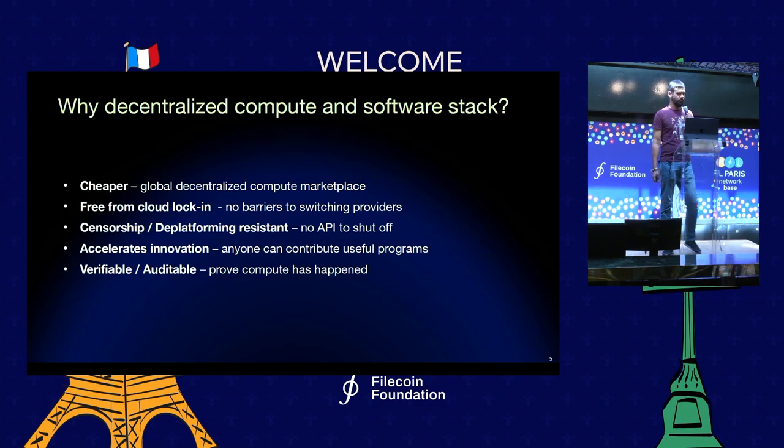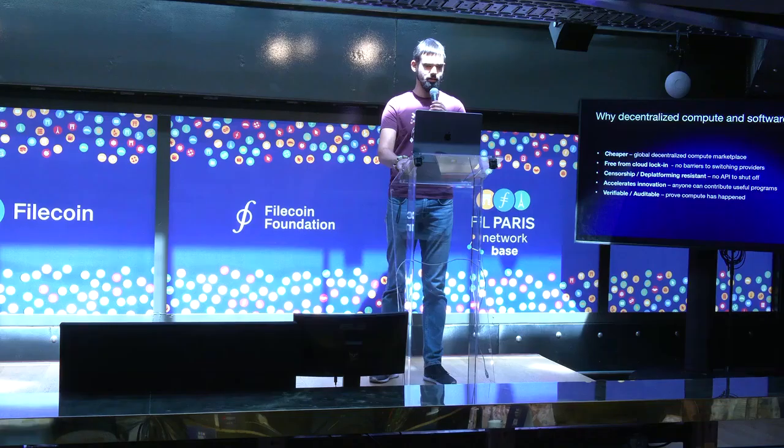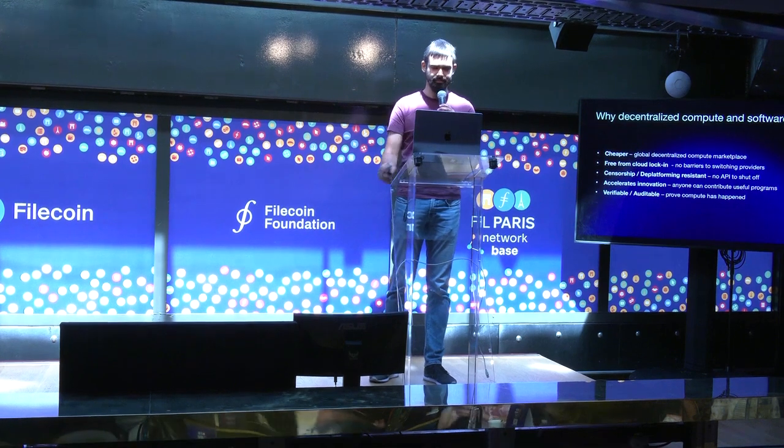We want to be deplatforming resistant, to have no API to shut off, as there is no API, no way to deplatform anyone. We want to accelerate innovations, and for all of that, we need to be verifiable or auditable in terms of computation and proving that compute has happened.